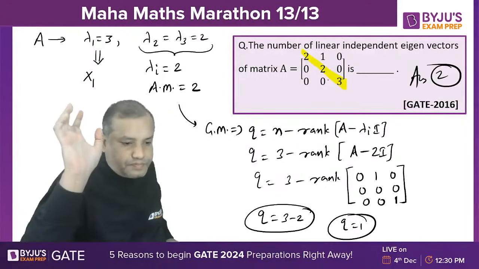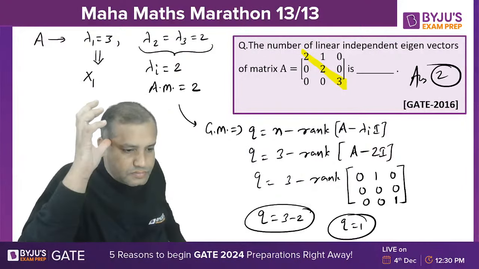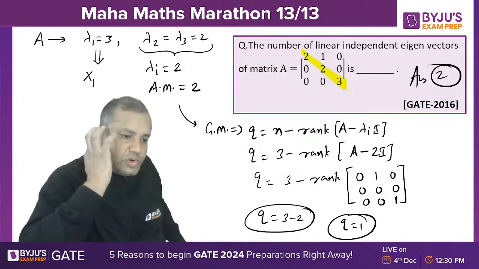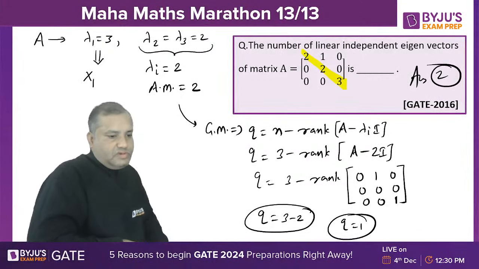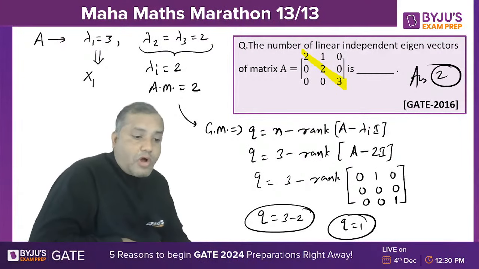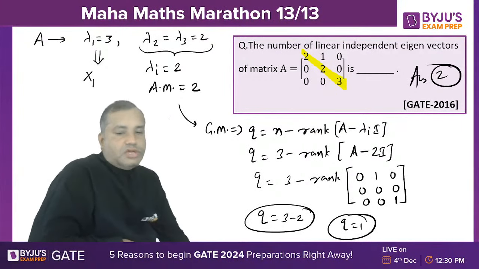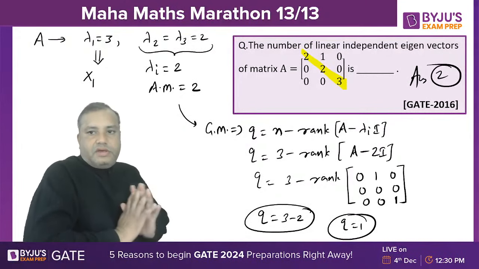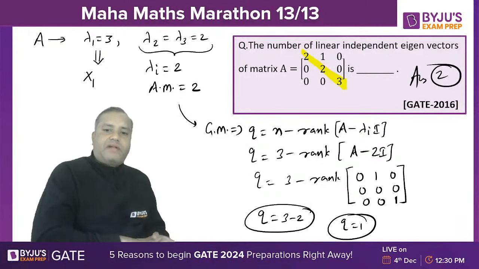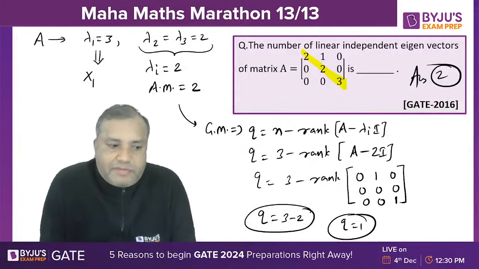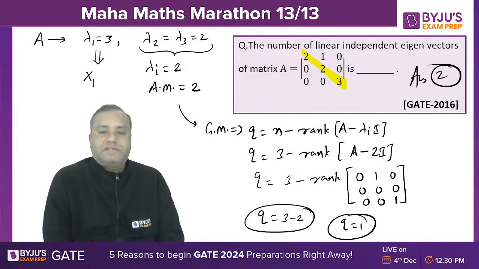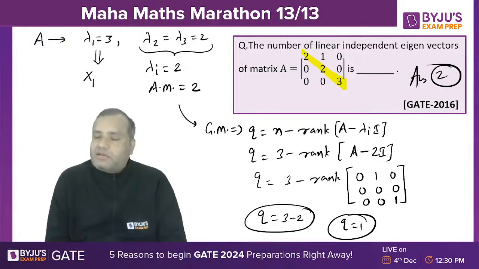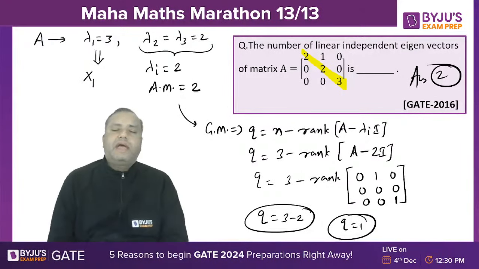This is the process that you need to follow. You may be wrong in that case many times. So students, if someone asks you, can this matrix be diagonalized? The answer will be no. Why no? Because for matrix diagonalization, the number of independent eigenvectors should be equal to the number of eigenvalues.